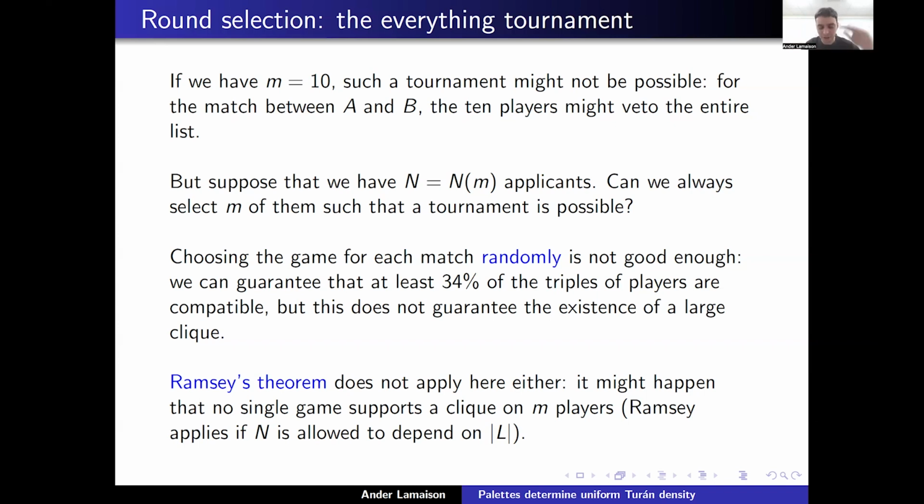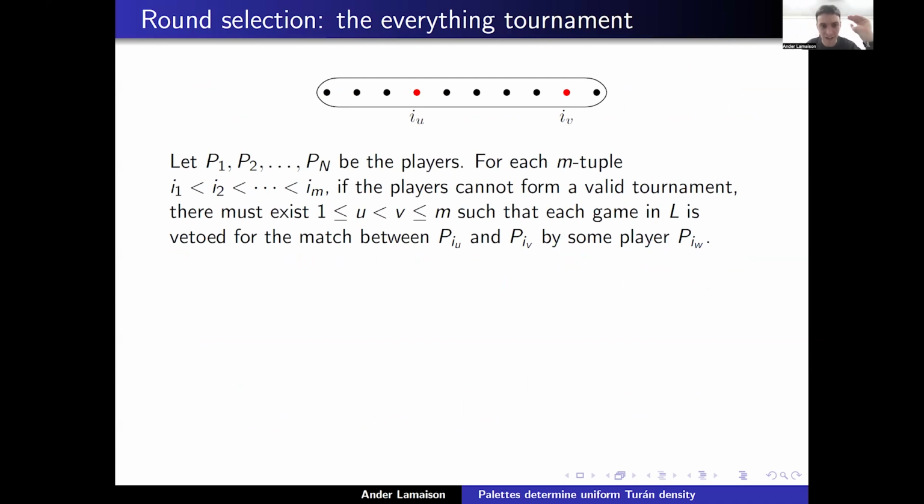Instead, here's where it's important that we gain some independence. For every set of M players, essentially all the choices of games are independent. So if it is impossible to find such a tournament, it must be because there's a set of two players such that the veto list for the match between these two, among all the players in your group, is just the entire list.